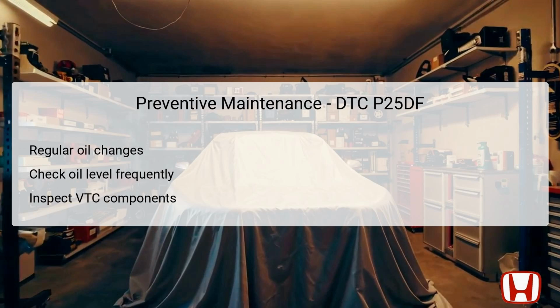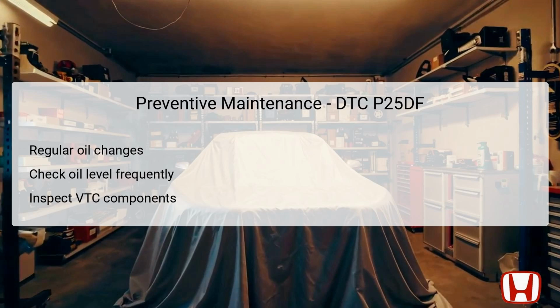To prevent future occurrences of DTC P25DF and ensure the longevity of the VTC system, regular maintenance is essential. One critical aspect is adhering to a routine oil change schedule, using engine oil that meets manufacturer specifications, which helps maintain optimal oil pressure and lubrication for the VTC system.